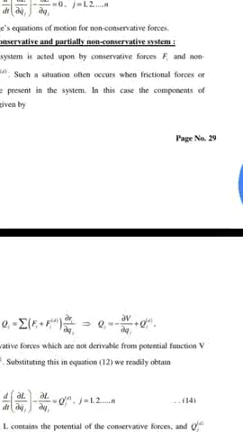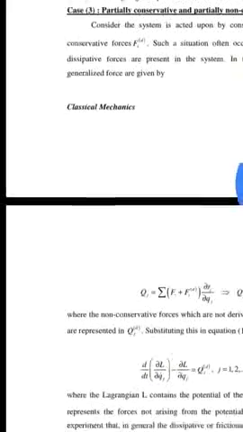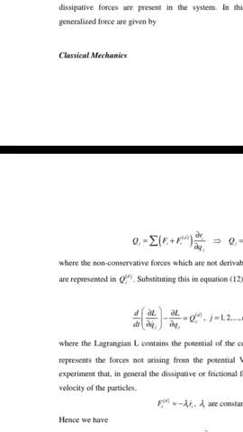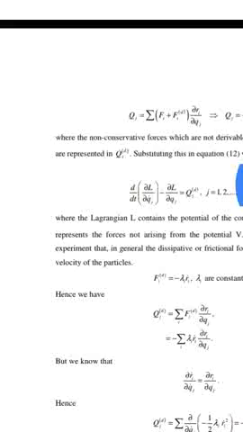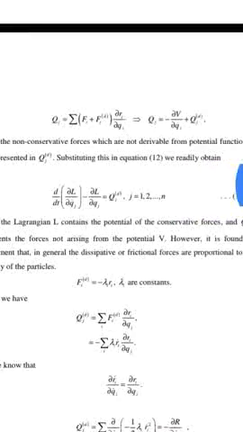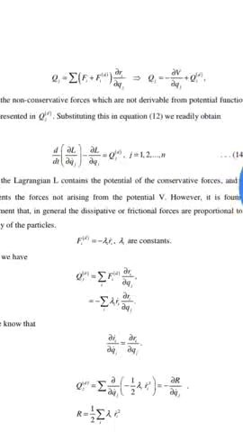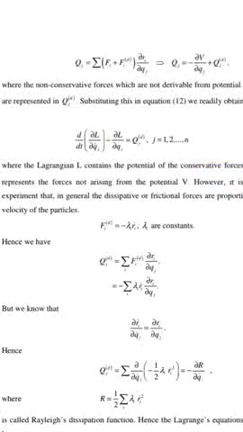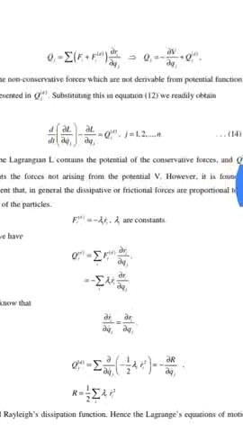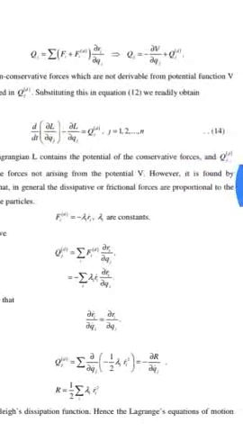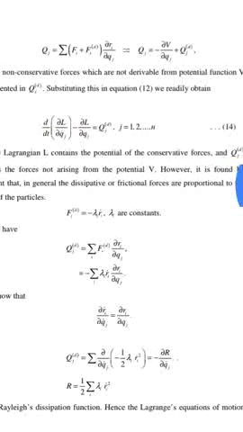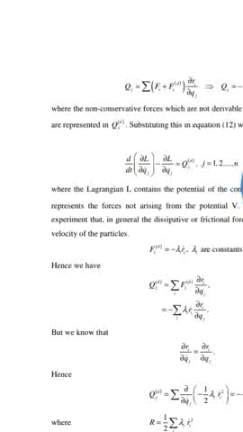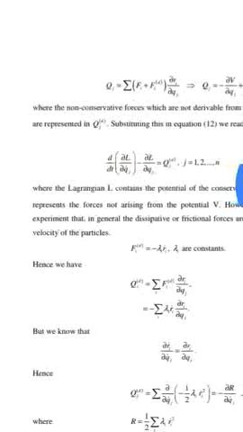In this case, the component of the generalized force is given by Qj is equal to the sum of Fi plus Fi d times del Ri by del Qj. This implies that Qj is equal to minus del V by del Qj plus Qj of d, where the non-conservative forces, which are not derived from a potential V, are represented in Qj of d.